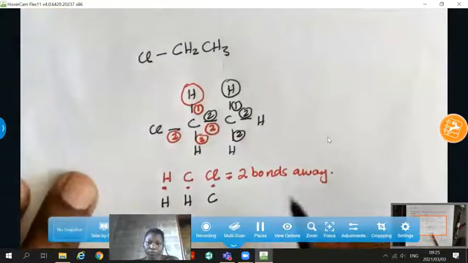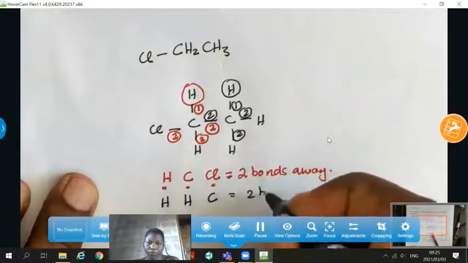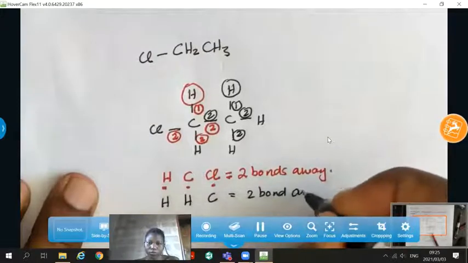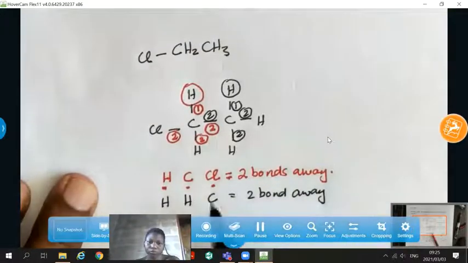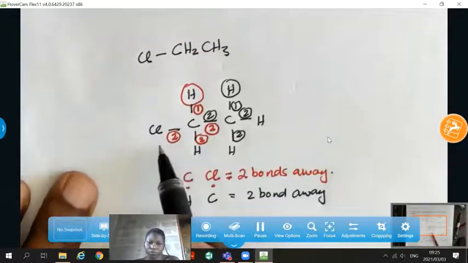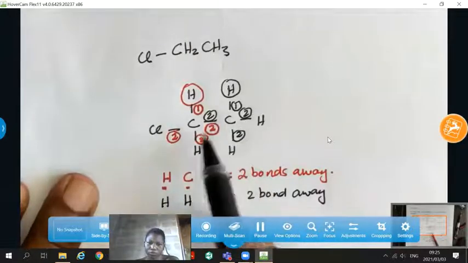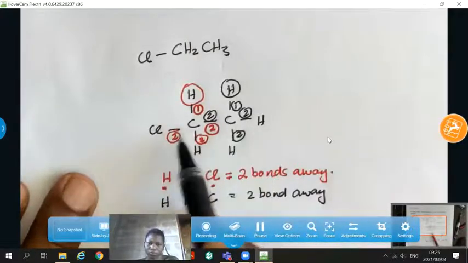Can you see 2 bonds away? All these are 2 bonds away, and 2 bonds away I don't have an electronegative chlorine atom. I only start to have an electronegative chlorine atom if I go 3 bonds away.